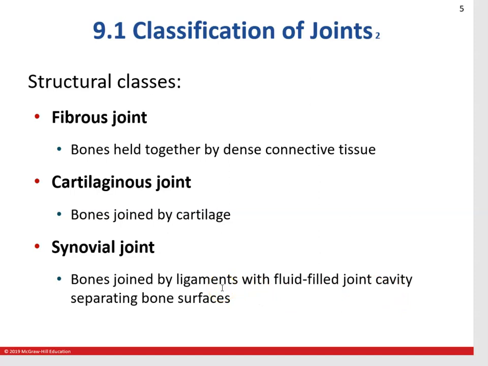Now, ligaments are also dense connective tissue, but the big difference is that there is a joint cavity in a synovial joint, whereas in a fibrous joint, there is no joint cavity. Those cavities are filled with fluid, and it is going to separate the surfaces of the articulating bones. We're going to have a separate screencast just for synovial joints.